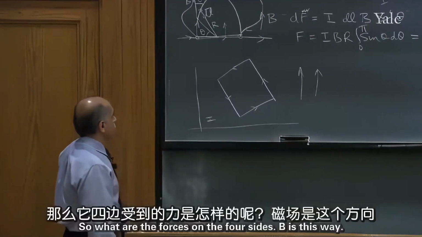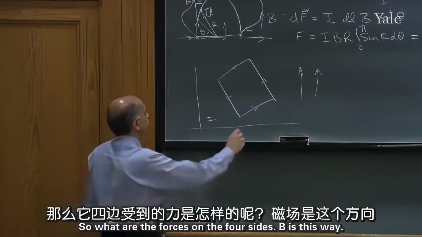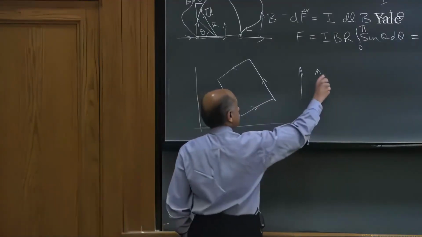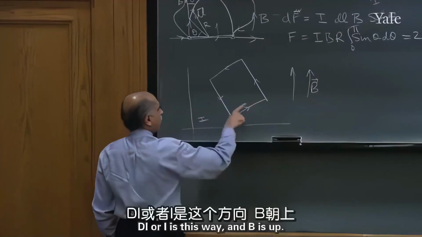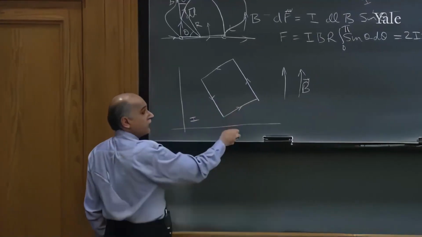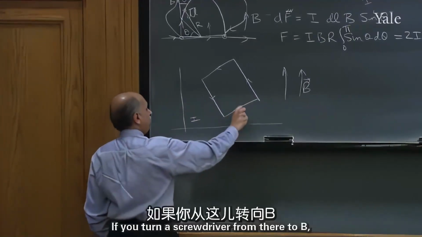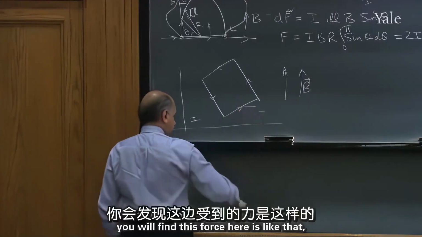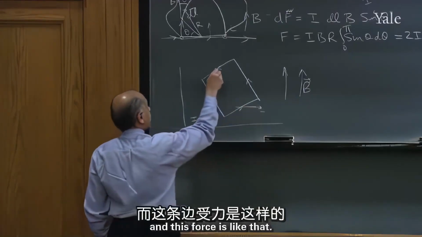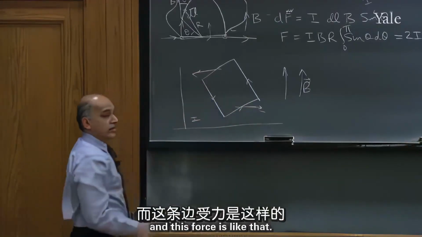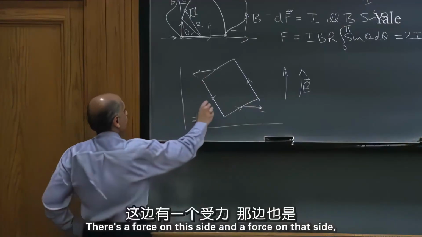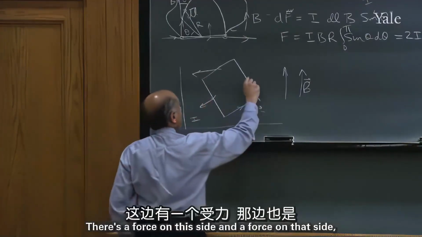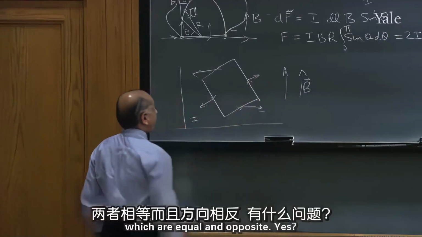So what are the forces on the four sides? So B is this way, dl or I is this way, and B is up. And if you turn a screwdriver from there to B, you will find this force here is like that, and this force here is like that. Both are horizontal forces. That's a force on this side and a force on that side, which are equal and opposite.